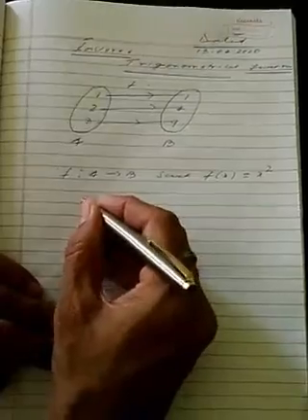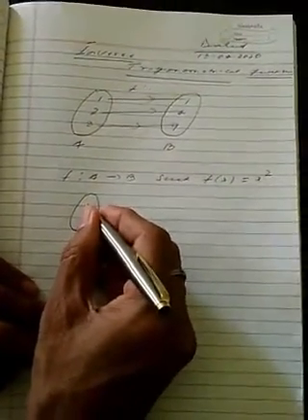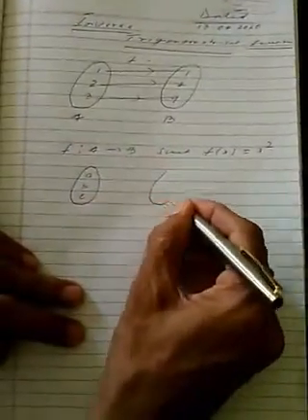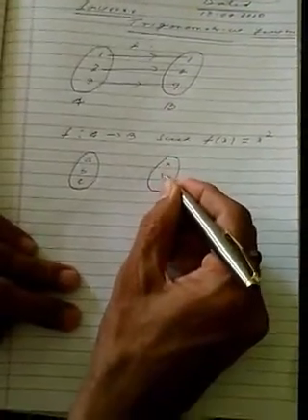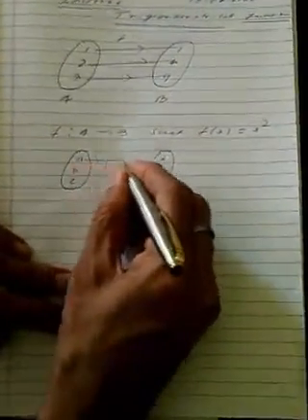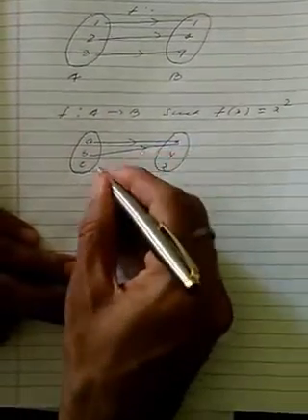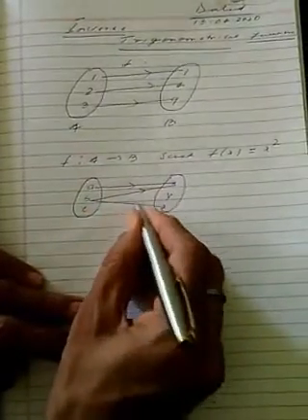I am putting another example for the definition of a function. Just see this: A, B, C and X, Y, Z. Again I am replicating the relation like this.